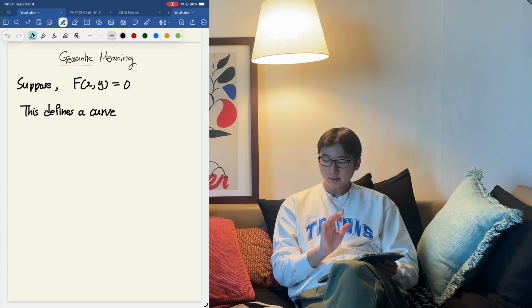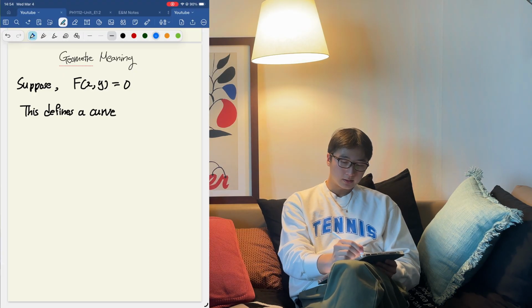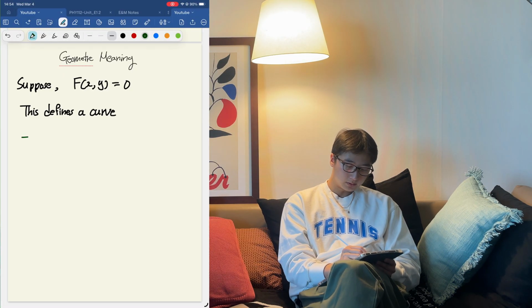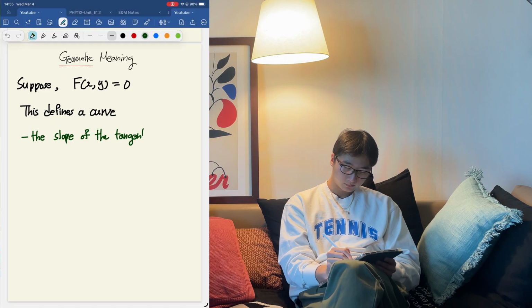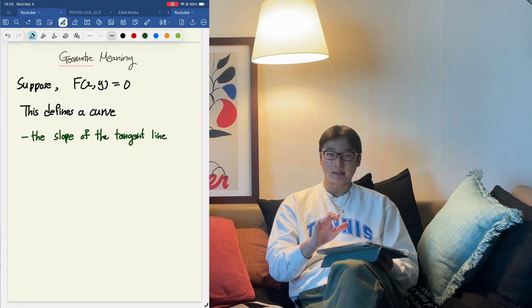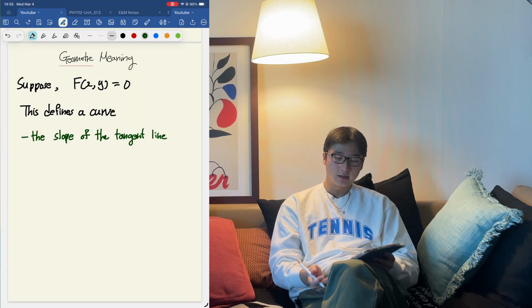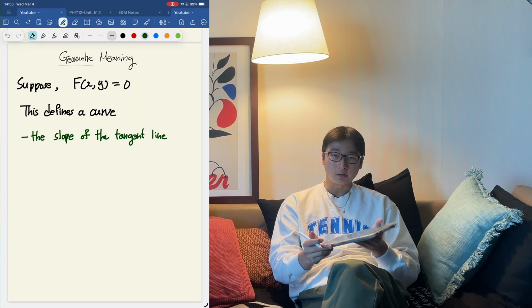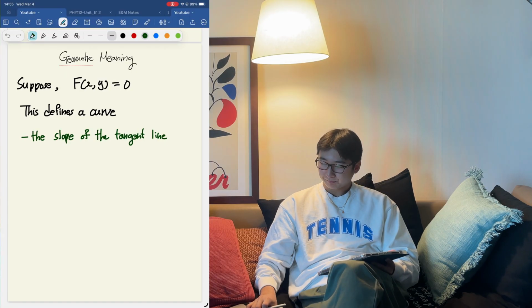Implicit differentiation lets us find the slope of the tangent line. By the way, sorry for my handwriting. It's not that easy to write while holding my iPad like this.